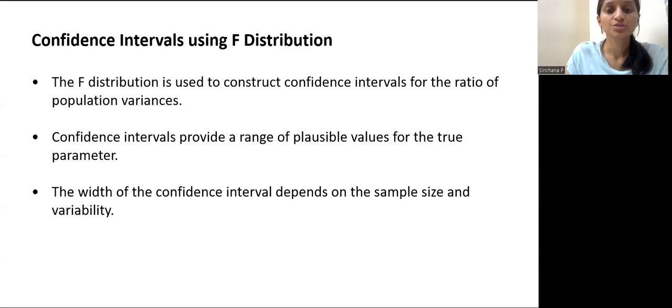Confidence intervals using F distribution. The F distribution is used to construct confidence intervals for the ratio of population variances. Confidence intervals provide a range of plausible values for the true parameter. The width of the confidence interval depends on the sample size and the variability.